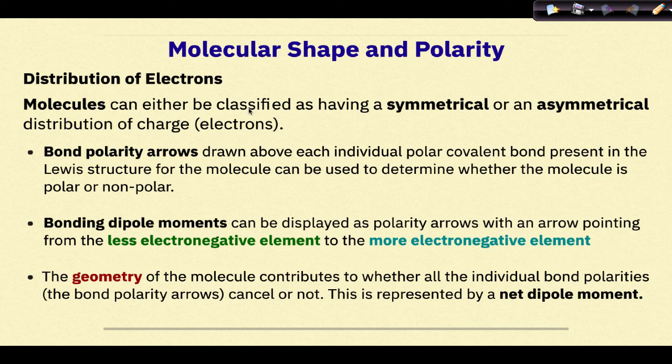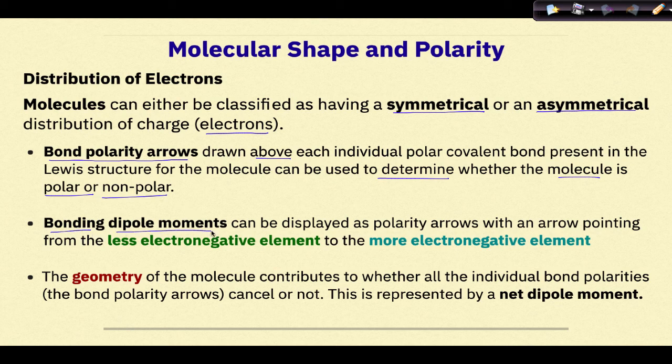Distribution of electrons. Molecules can either be classified as having a symmetrical or an asymmetrical distribution of charge, in other words, electrons. Bond polarity arrows drawn above each individual polar covalent bond present in a Lewis structure for the molecule can be used to determine whether the molecule is polar or nonpolar.